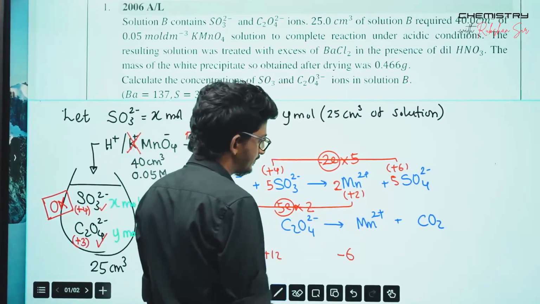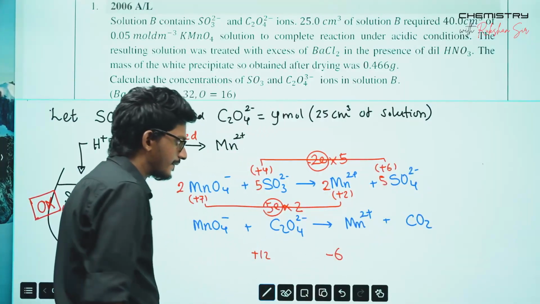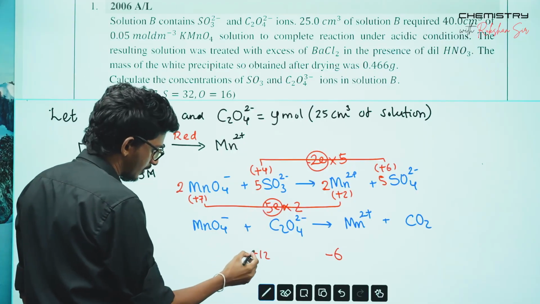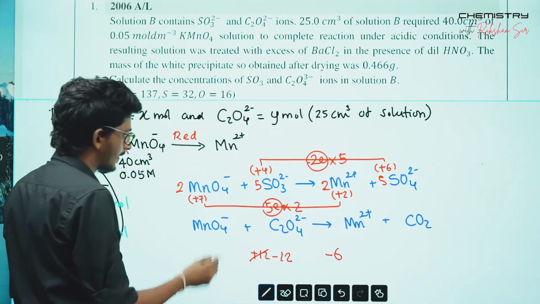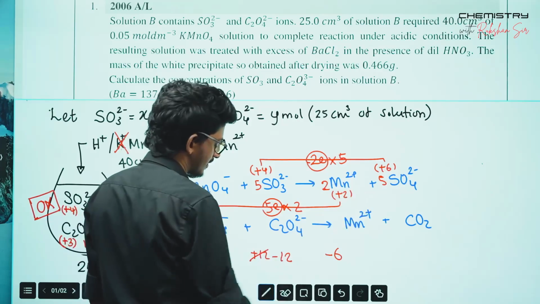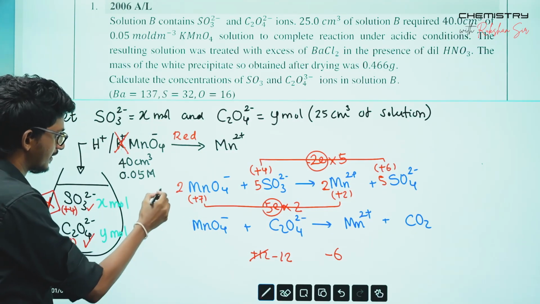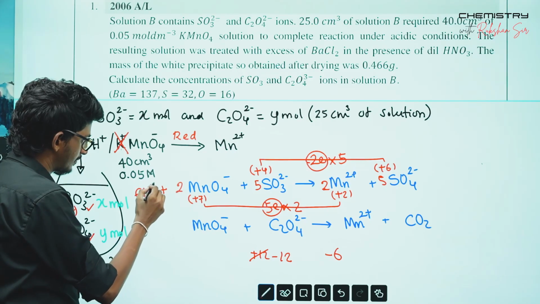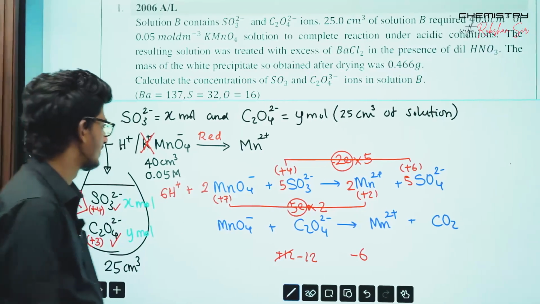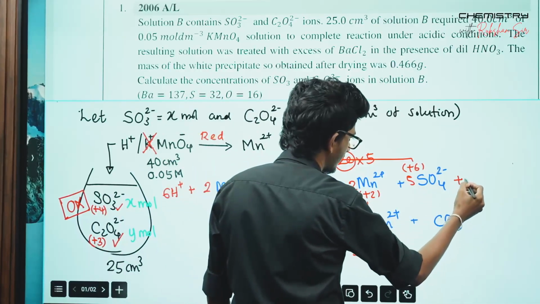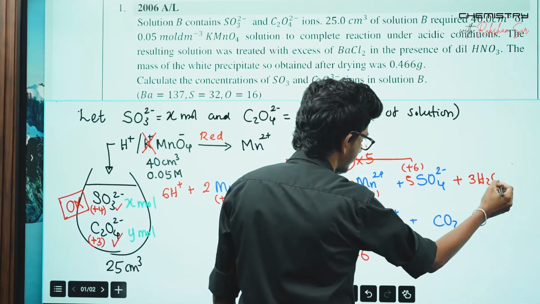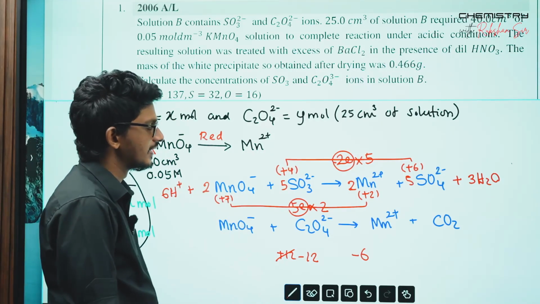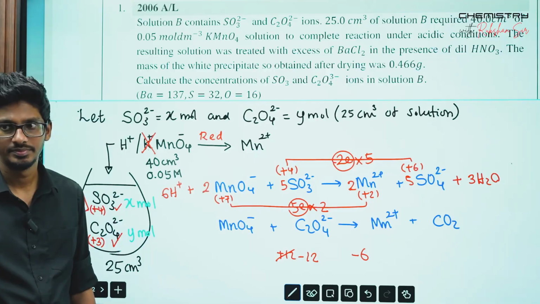So you see a 6 unit difference, so you need to add 6 H pluses here. To balance the hydrogens, you add 3 H2Os. That is how you are supposed to balance the reaction of MnO4 minus with SO3 2 minus, right? That is correct, no? Right.